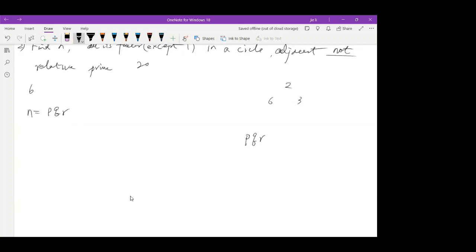This is 2005 AMO 1. I missed that. PQR. So what we can do from here: PQ, then Q, go to QR, and then R, then PR.